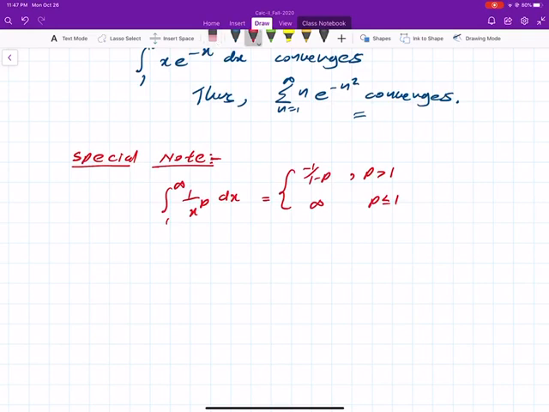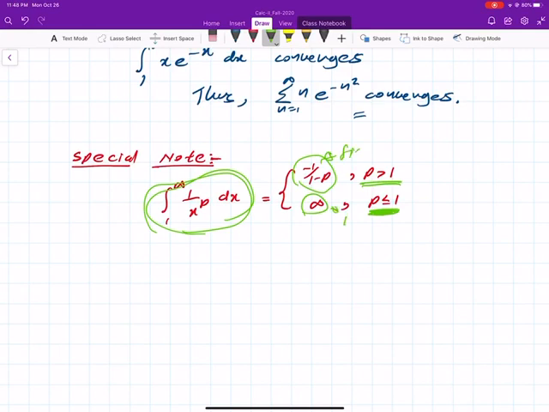There are two cases. The first case is p greater than 1. If it is p greater than 1, then this integral is actually minus 1 over 1 minus p. If p is smaller than or equal to 1, then this integral is actually infinity. Okay, that means this is finite, this is infinite. Finite and infinite, those are the two cases.